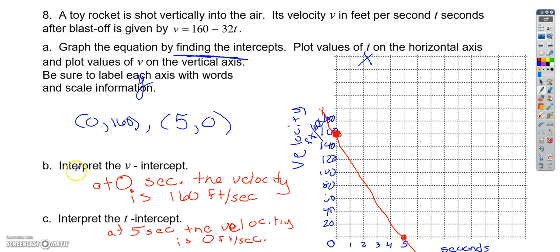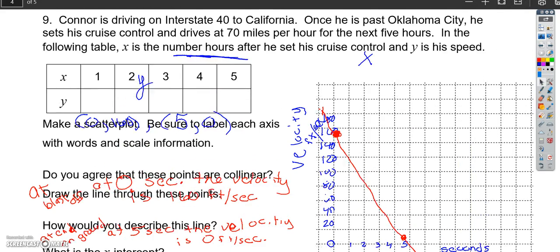So if we're talking about a rocket, this was at blast off, and this was at the end on the ground. Alright, let's see what's next. Doing it again.